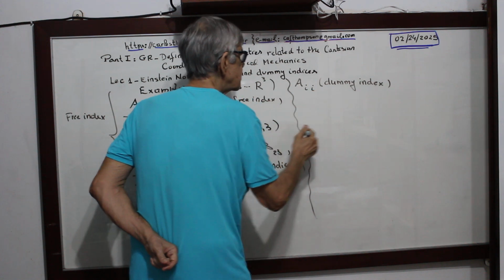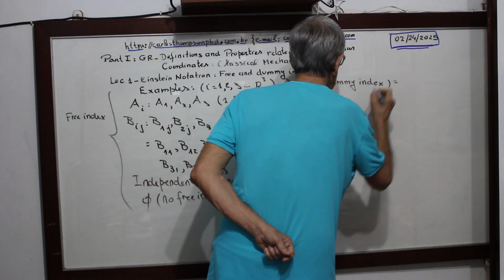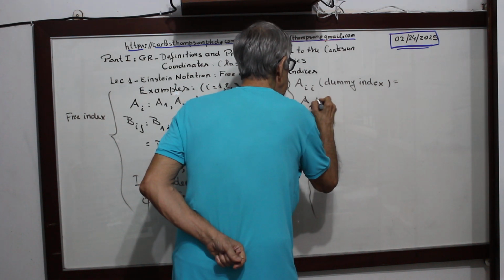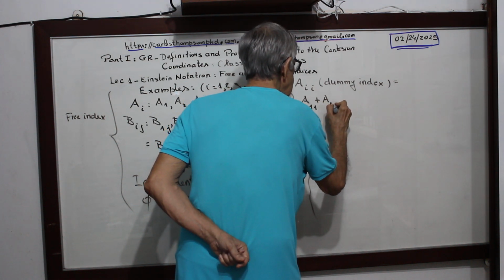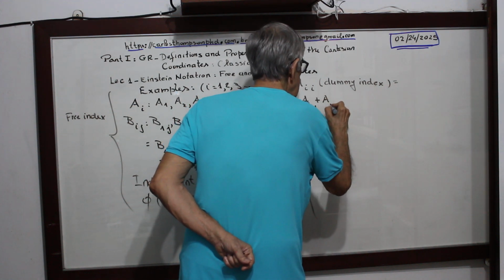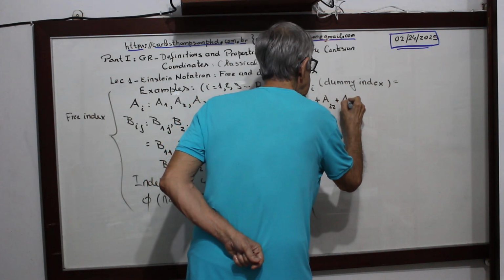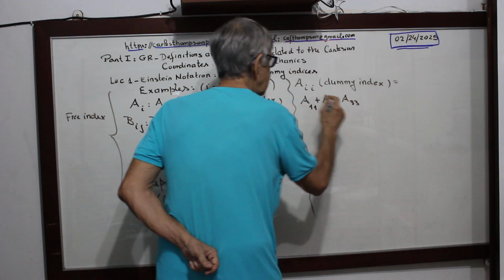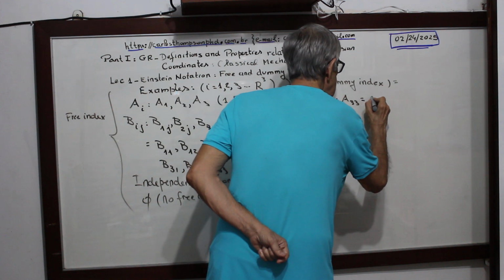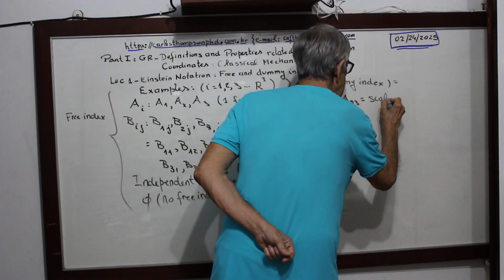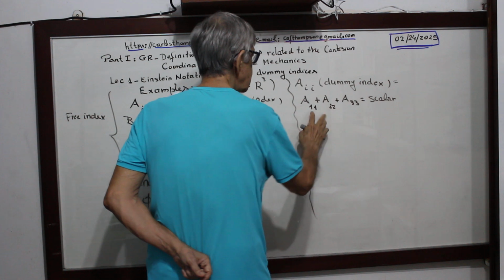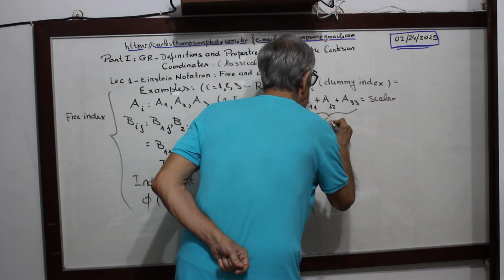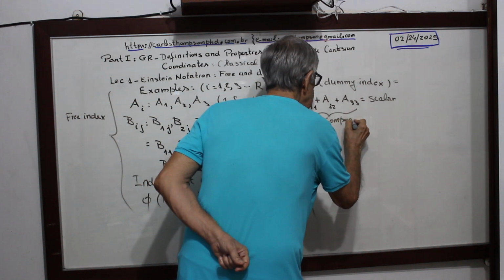This dummy index, by definition, I just sum: A_11 plus A_22 plus A_33. So this here is a scalar. You see, there's a sum of components.